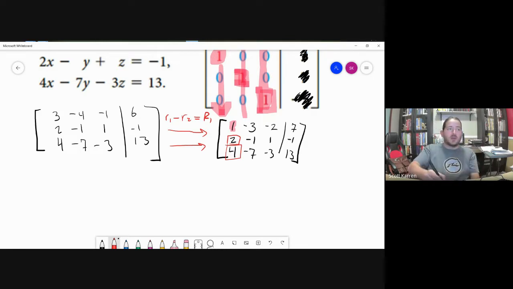But I can use that 1 here by saying if I take -2 and multiply it by row 1 and then add that into my old row 2 to become my new row 2, again, the whole point of that is then to eliminate the 2 in that spot to become 0. And so I'll do the same thing here. It would take -4 row 1s to do that here, added to row 3 to become my new row 3. Row 1 in this step is not going to change. So row 1 is not changing.